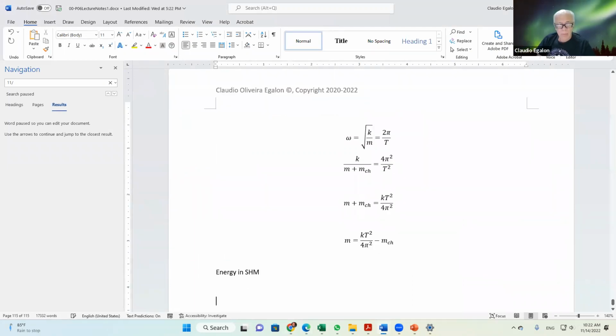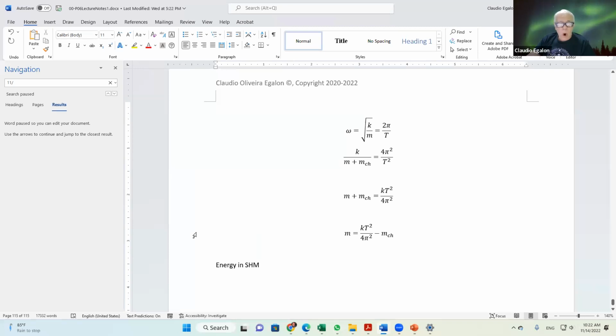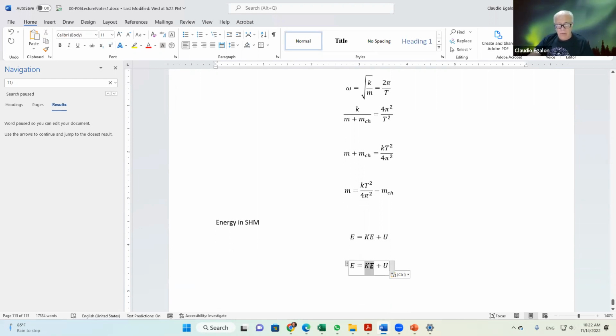Simple harmonic motion. Recall, right, that mechanical energy is equal to what? Is equal to the kinetic energy plus potential energy. And you've got to remember that too, that kinetic energy is half mv squared.